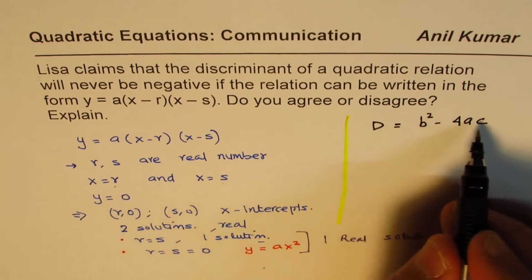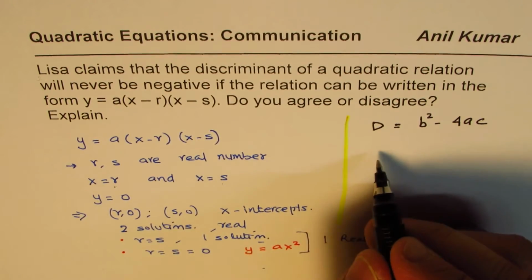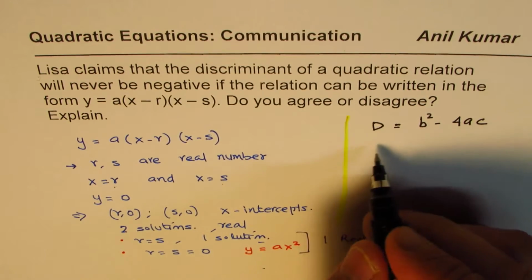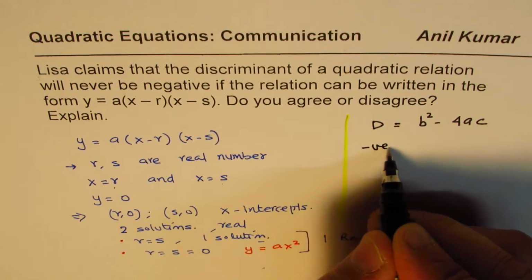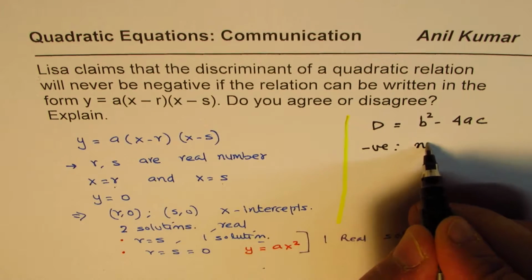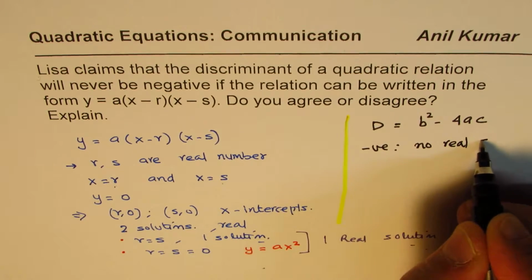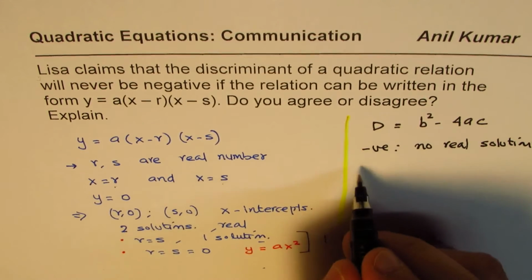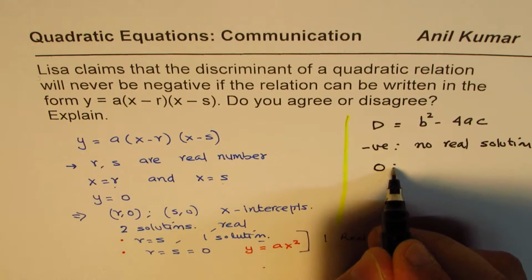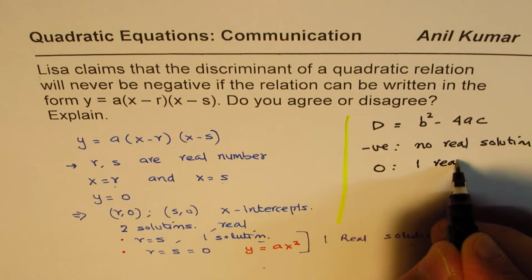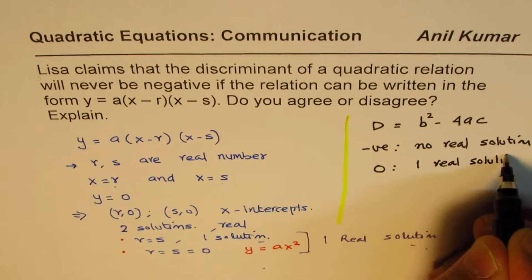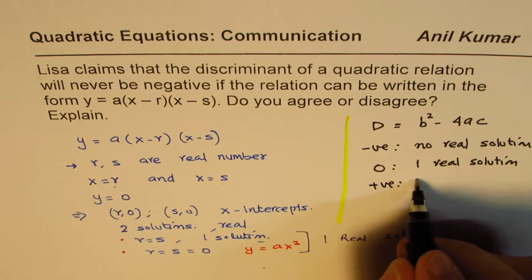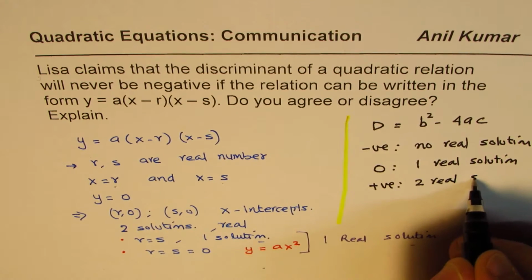If it is negative, it means no real solution. If b squared minus 4ac is equal to 0, that means 1 real solution. If it is positive, that means 2 real solutions. Is it okay?